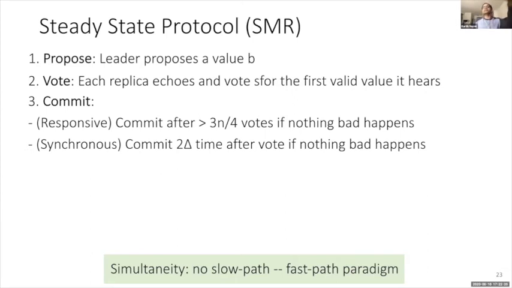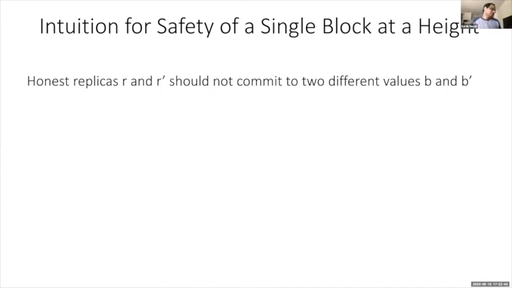So let me quickly discuss why these commit rules are okay. Let us first think about the intuition for the safety of just committing a single block. What is it that we want when we say safety? We do not want 2 honest replicas, R and R', to commit on different values B and B'.